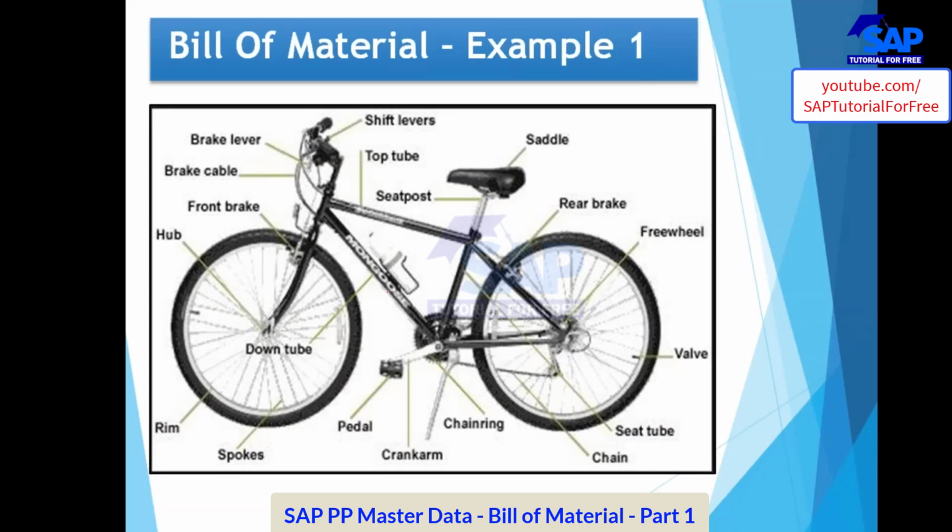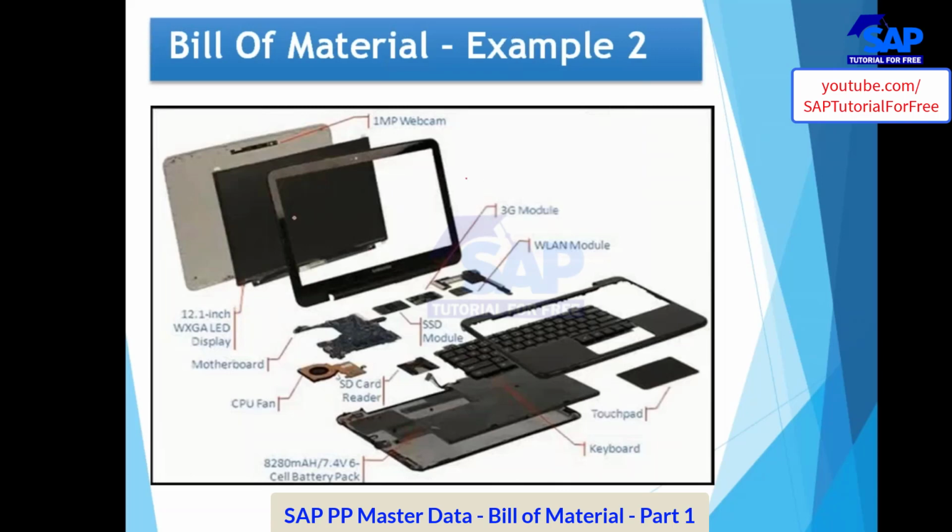If you go to another one, let's say you want to manufacture a laptop. To manufacture a laptop, you require keyboard, touchpad, motherboard, battery, webcam, all those things. So these things you'll put in the BOM of the laptop. That's what the bill of material is defined in the system.